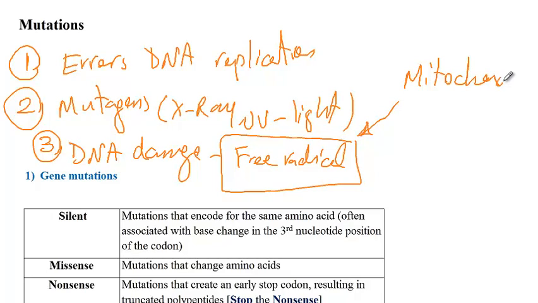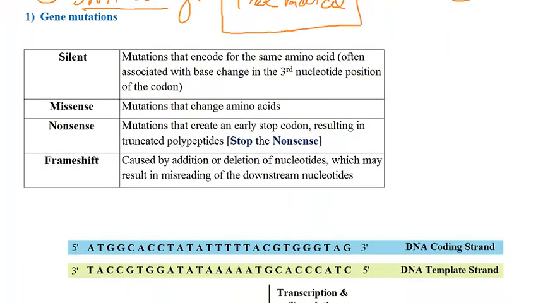So reactive oxygen species are mostly being produced by the mitochondria, and the reason for that is that mitochondria use the electron transport chain in order to transfer electrons to O2. As a consequence, there is a chance of developing reactive oxygen species, and these reactive oxygen species can damage DNA.